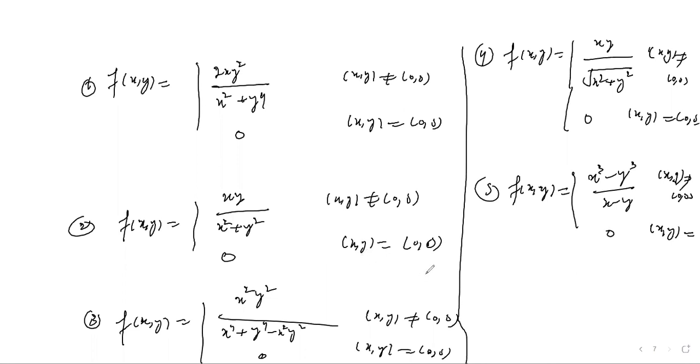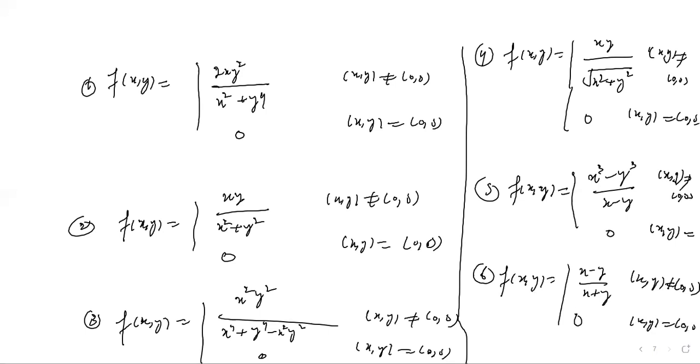And the next question is sixth, f of x comma y is equal to x minus y divided by x plus y. I think it has already been done by me in previous lectures. Not equal to 0 comma 0, and it is 0 for x comma y equal to 0 comma 0.